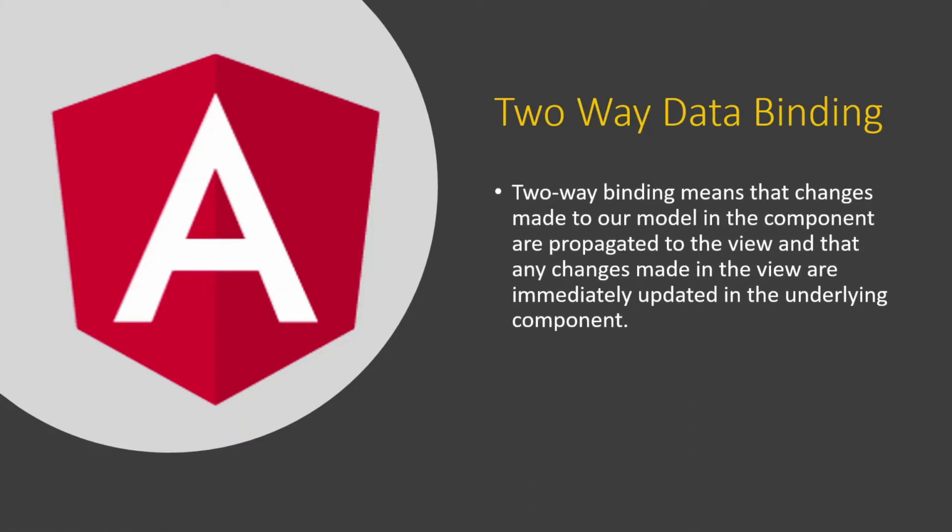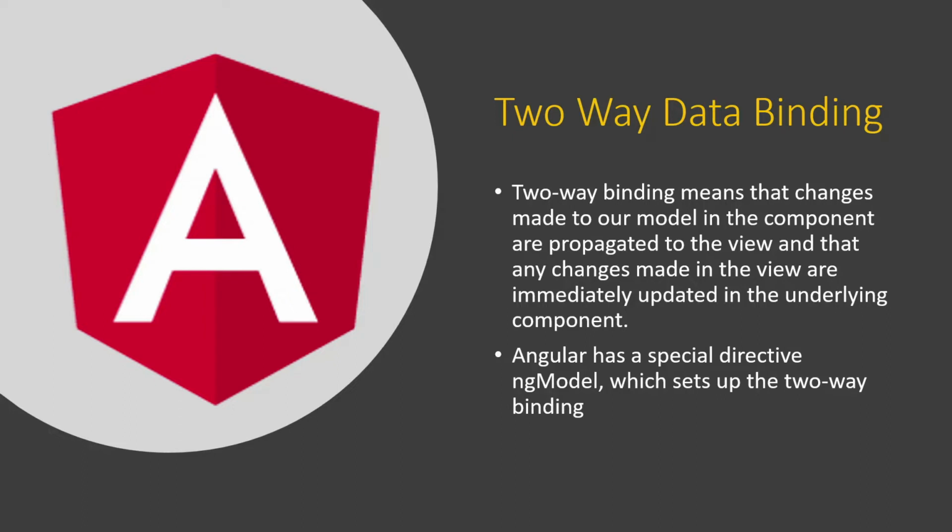By definition, two-way data binding means the changes made in our model in the component are propagated to the view, and any change made in the view is immediately updated in the underlying component. That's what I have already told you. Whatever changes we make in the component or DOM, it should reflect on both sides simultaneously.